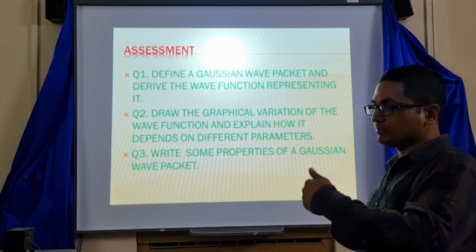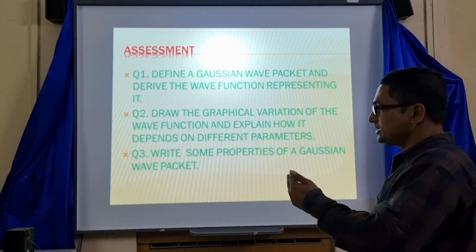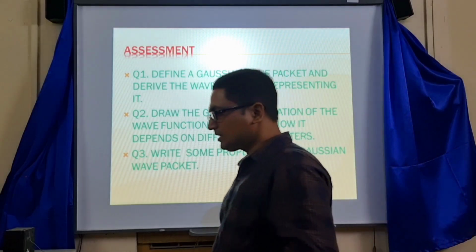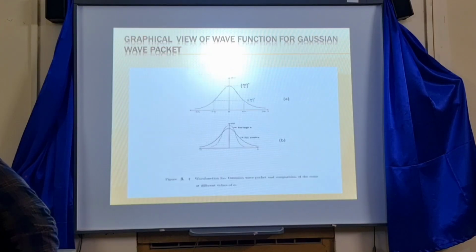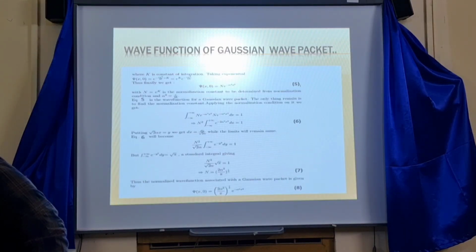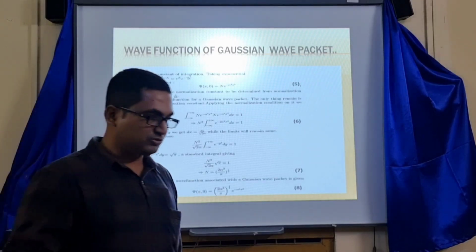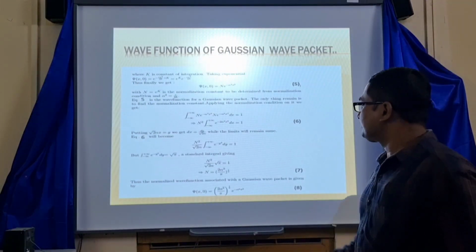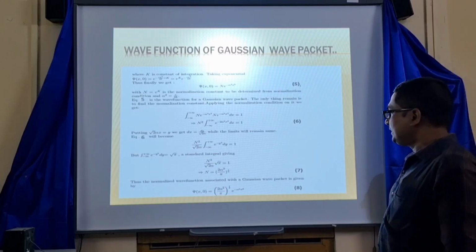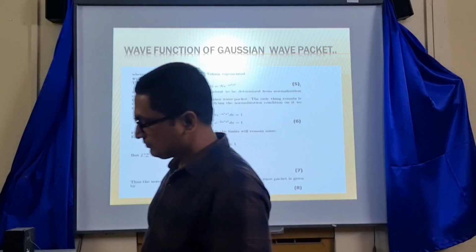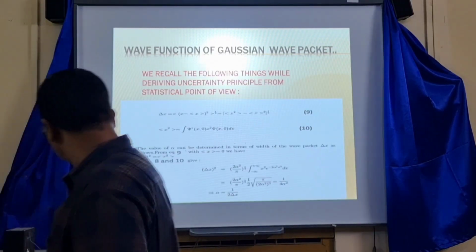We get the Gaussian wave functions, and in that case the f1 function is a multiple of the f2 function, and with those mathematical things we can get the wave function for the Gaussian wave packet, like equations 1, 2, 3, 4. Then the normalization procedure can be applied here, and we get the normalization constant given by equation 7. That normalization constant is in terms of alpha, and then alpha can also be determined in terms of uncertainty in position as given by these equations.